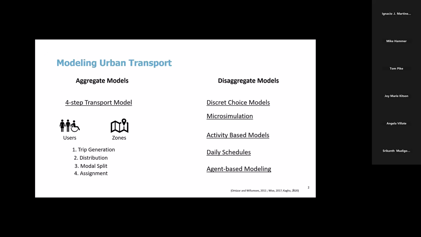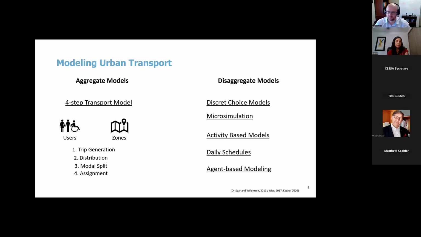So let's start. In the transportation field, we can differentiate two kinds of models: aggregate models and disaggregate models. The most traditional approach is the four-step transportation model, which aggregates.